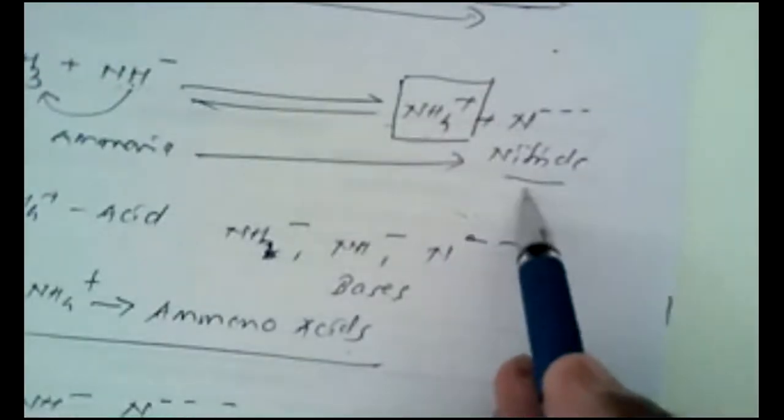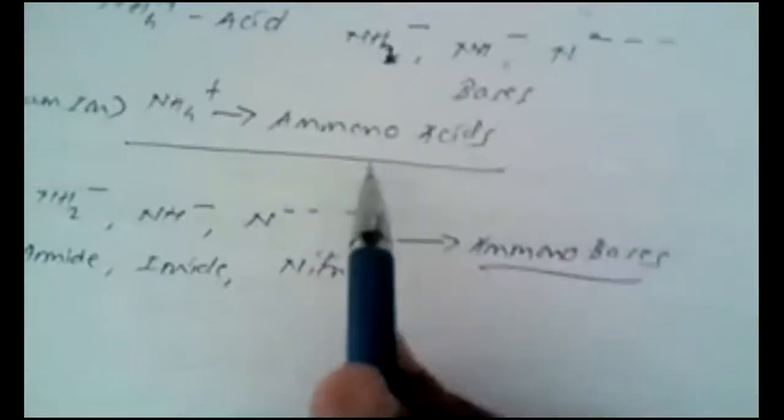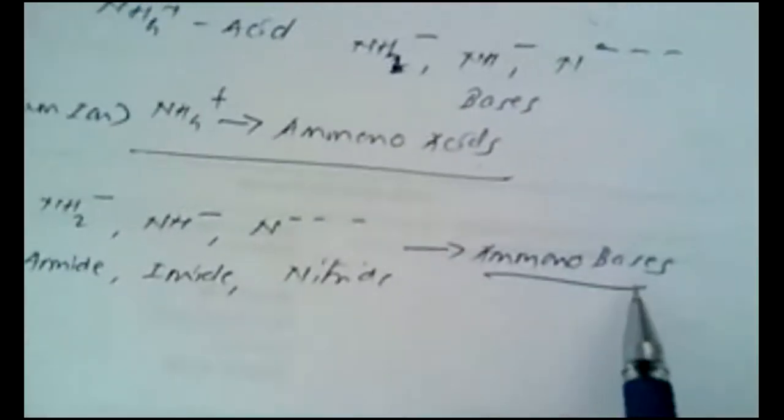NH4 plus is the ammonium ion, that is an ammono acid. And the remaining products formed in the reaction, that is NH2 minus, amide, NH minus, imide, and N3 minus, nitride, are all known as ammono bases.